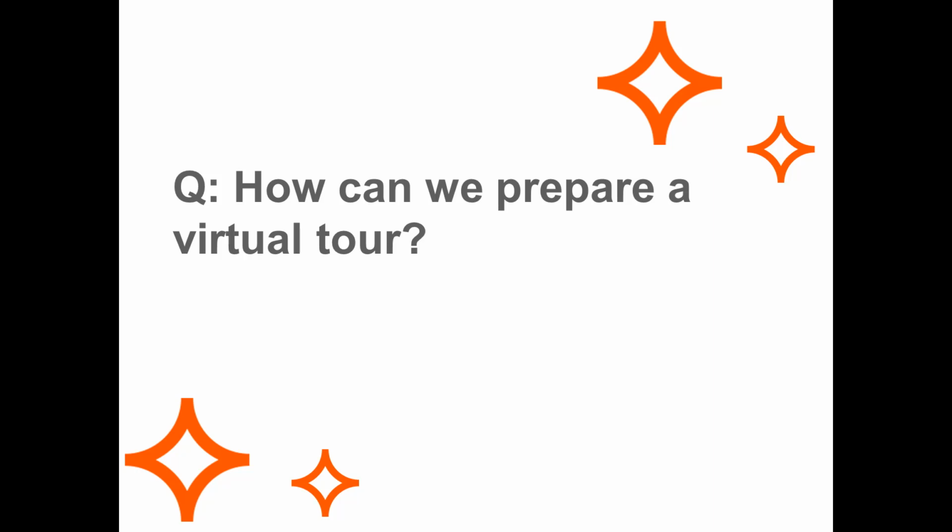So there's a couple of different ways to do it. And if you do something with a video, then you can upload it to Vimeo or you can upload it to YouTube, something like that, and then provide that URL in the virtual tour field in Bright. So you don't upload the video to Bright, you upload the URLs to Bright.